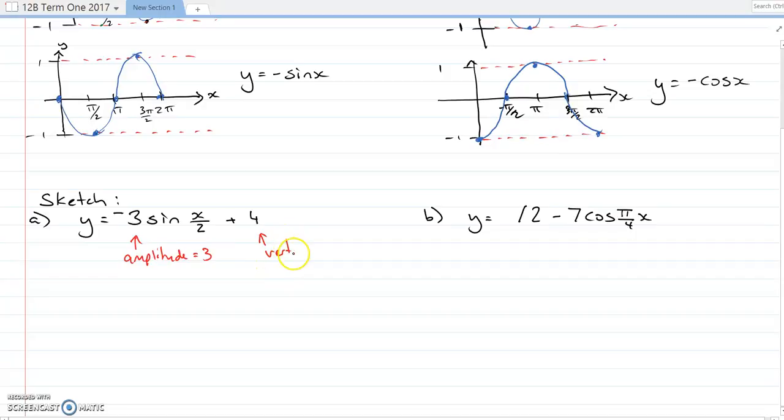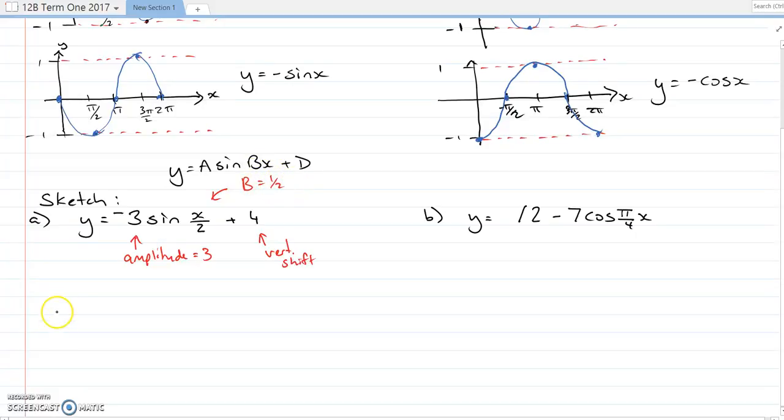Vertical shift, and now our general equation is this: y equals a sine bx plus d. We'll have a c we'll add in later, but in this case, the number in front of the x is a half. Okay, b equals a half.